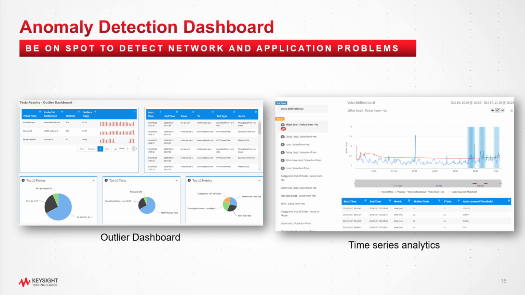An outlier will be any statistic that is related to the type of test that's being sent across. So for example, as we see on the right, if I'm using a voice bidirectional test, I can have jitter results coming from the voice from-to, but then also below the to-from. In this way, I can understand, am I only having outliers coming from a specific office, as in, is this a one-way issue, or is it something else that might be involved?